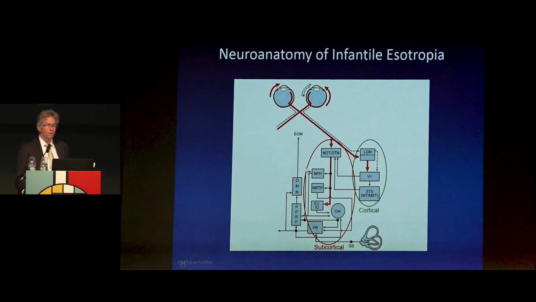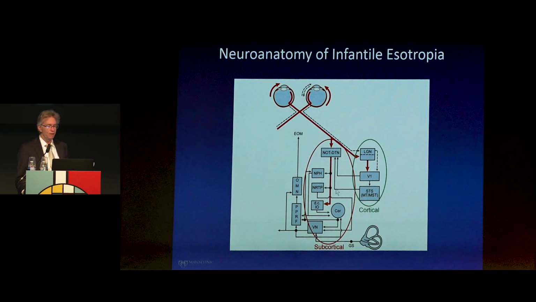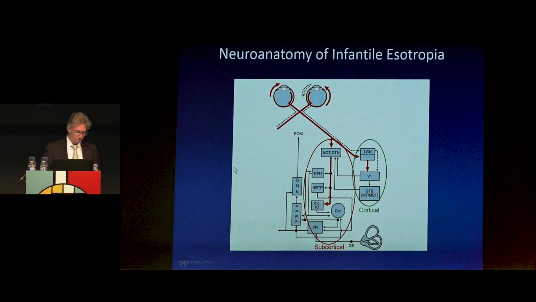Now, I'm going to show you a few nuclei, but just try to get the general concept. These subcortical nuclei process horizontal optokinetic motion, then send their signal down to the dorsal cap of the inferior olive, and then down to the cerebellar flocculus, which processes visual vestibular movement, meaning visual motion input.